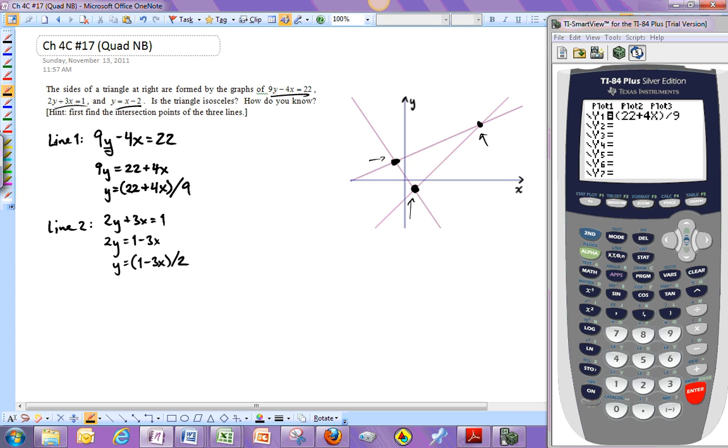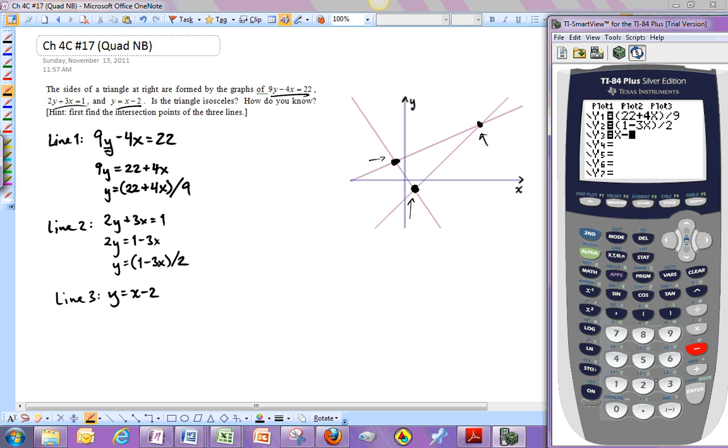Y equals, parentheses, 1 minus 3x, close parentheses, divided by 2. And then line 3, if you look at line 3's equation, it's already in a nice form. Y equals x minus 2. So the calculator can just graph that right away.